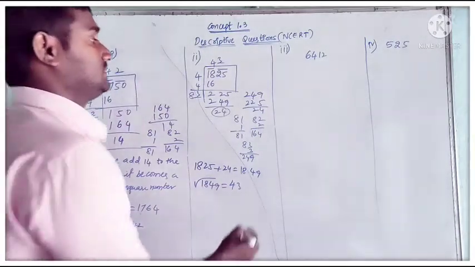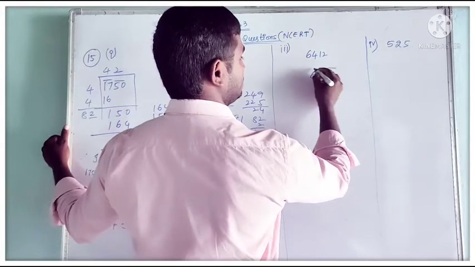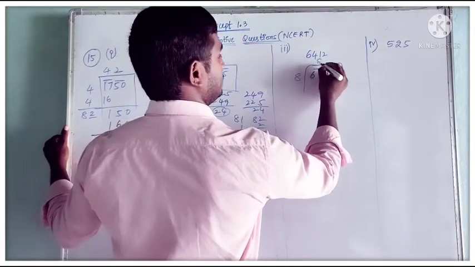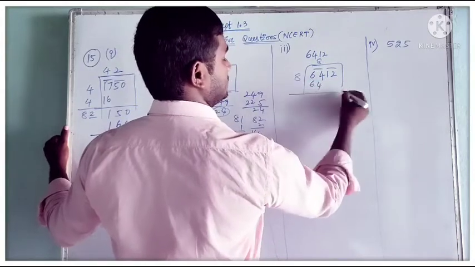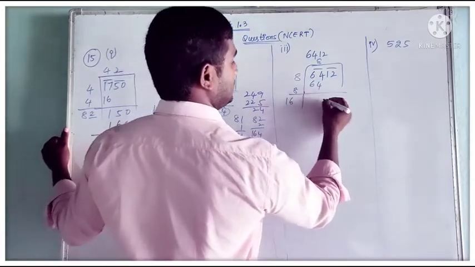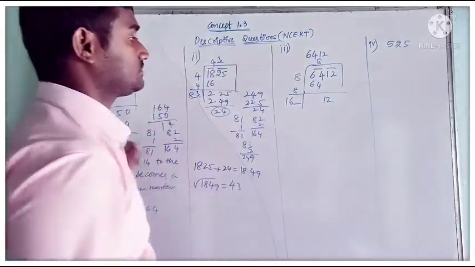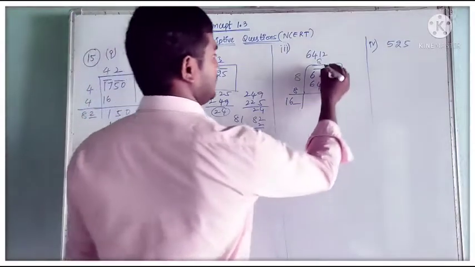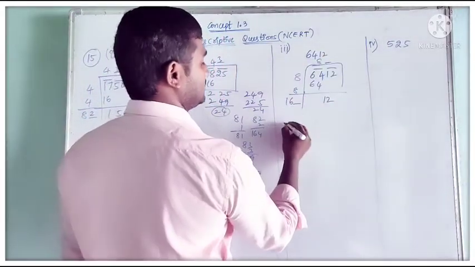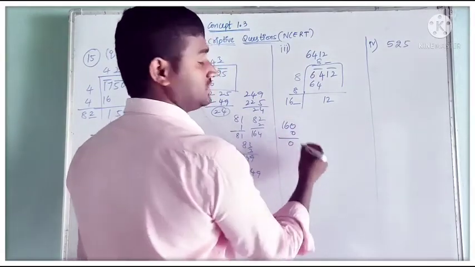Next, 6412. Make the bars, and 8 8s are 64. Nearest. And add 8 plus 8, 16. Here draw down 12. What digit will come, that same digit will come here. 160 into 0 is 0, which is less than 12.